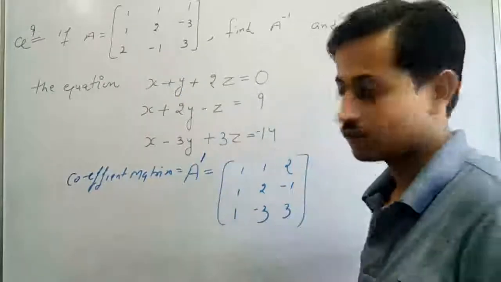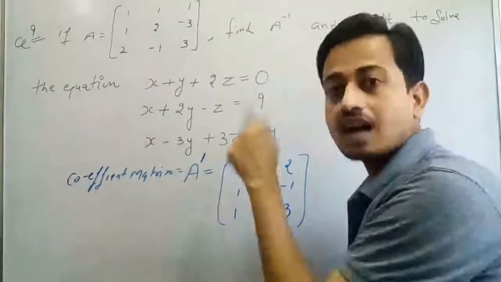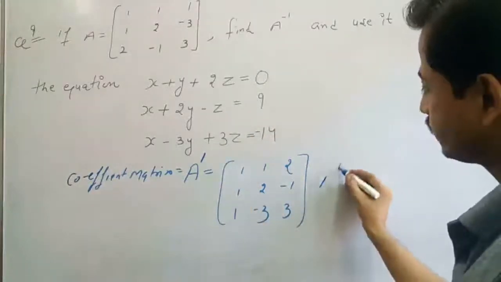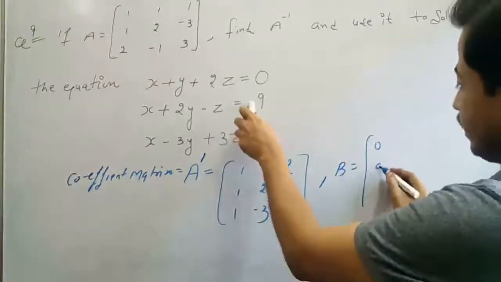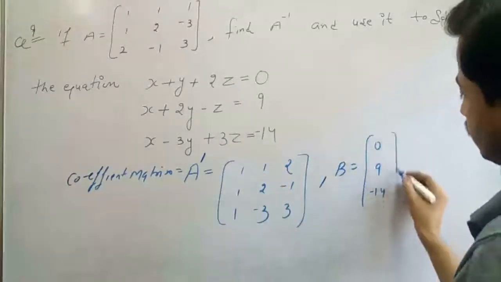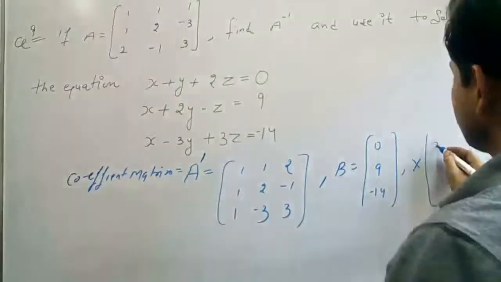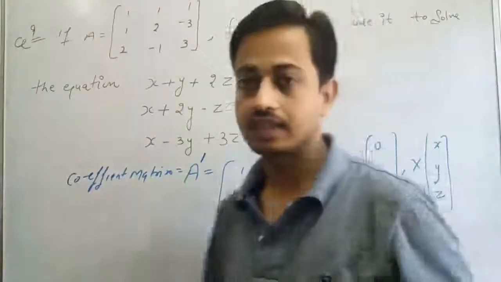So please make a note. This is your A transpose. What is B? B is 0, 9, minus 14. And what is X? X is the variables x, y and z.